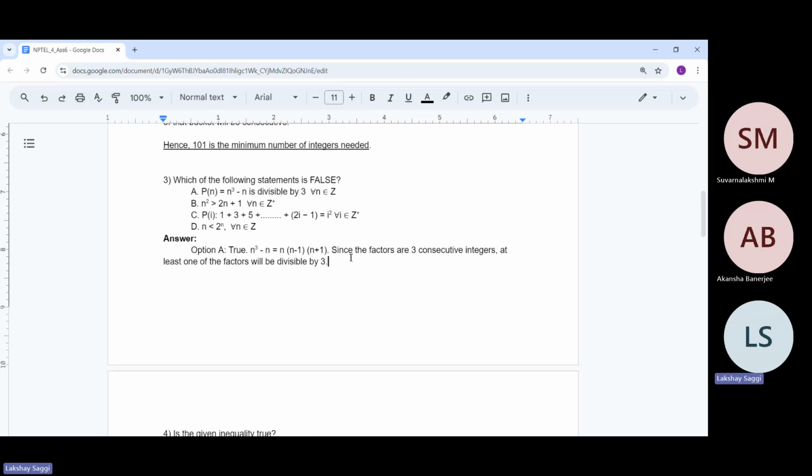And this can be somewhat generalized: if there are k consecutive integers, then one of the integers will be divisible by k. This 3 can be replaced even by a k. So note that if one of the factors is divisible by 3, then the whole number is also divisible by 3. And that's why we get that this statement is true. Option A is true.